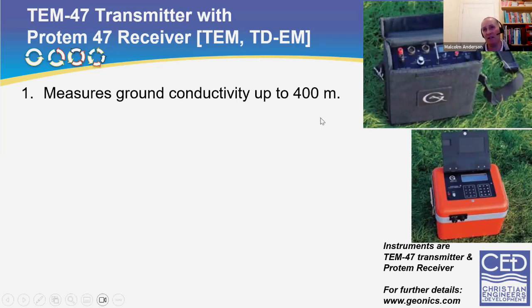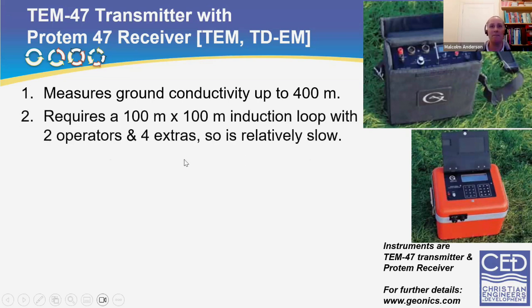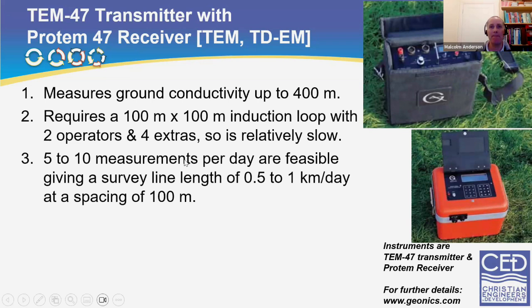And essentially it can go much higher than that. It just depends on how powerful your transmitter is. Essentially the survey rate is about 5 to 10 measurements per day. So if you have a spacing of 100 meters, then you can cover around about 1 kilometer a day.